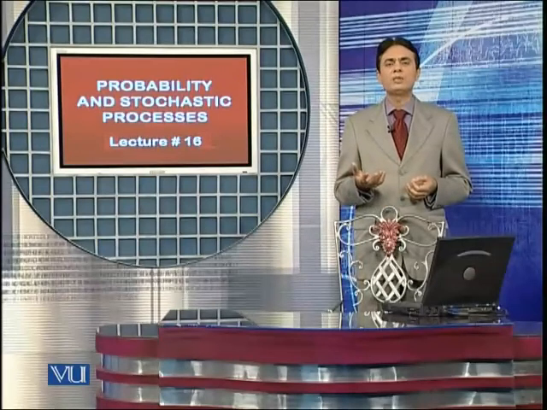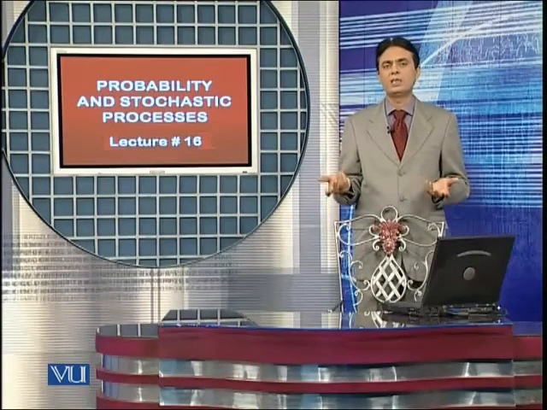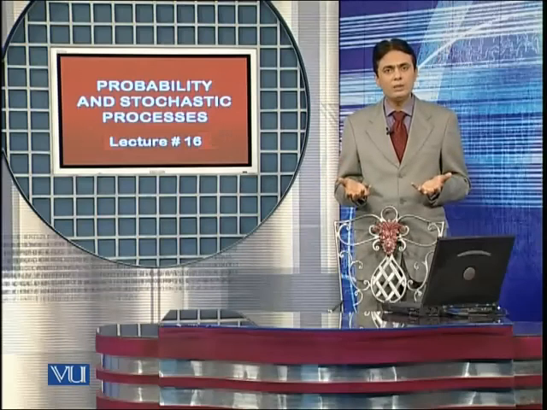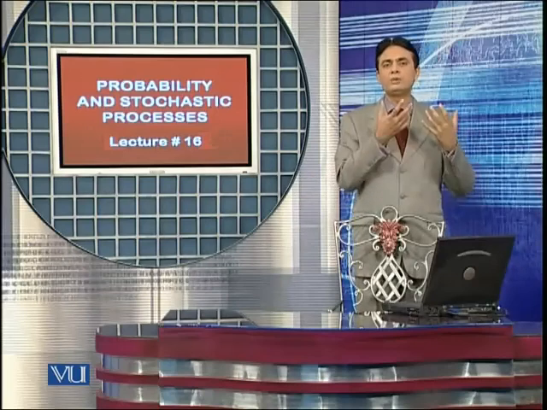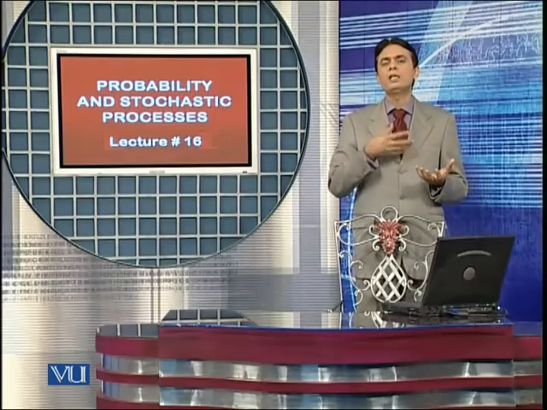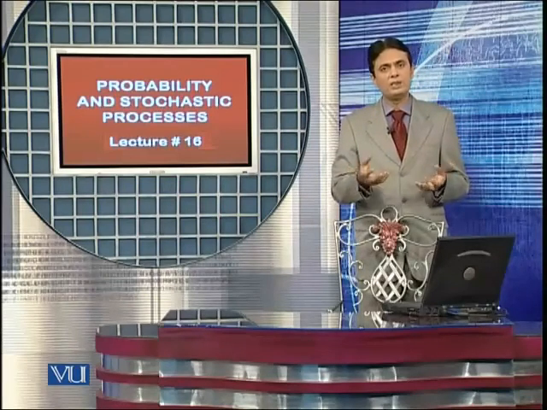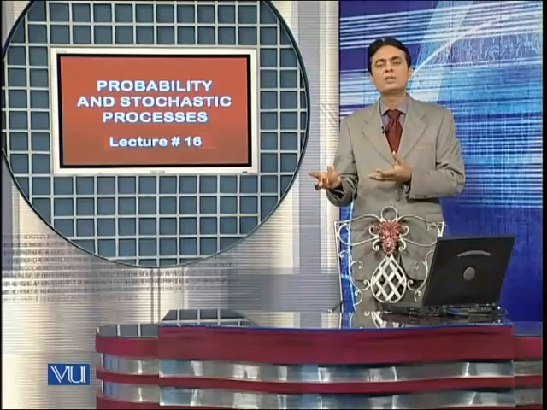Suppose the transformation is very simple, something like y is equal to x plus c, where c is a constant. So what are you doing? You are taking the observation of x, and instead of using that observation, you are adding a constant value to that observation and using that transformed value.